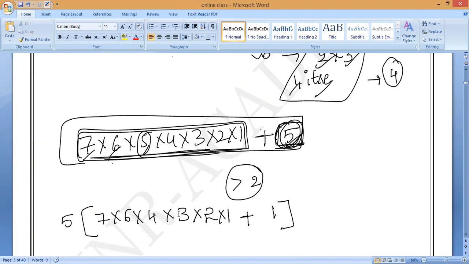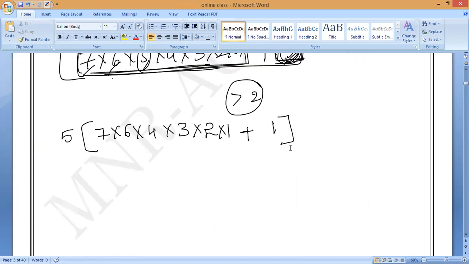Any doubt? Understood, ma'am. Okay. See this number. So here 5 is one factor.